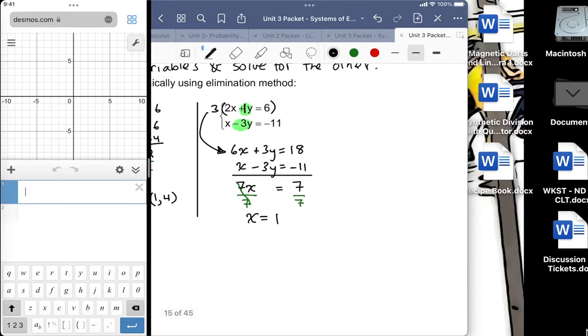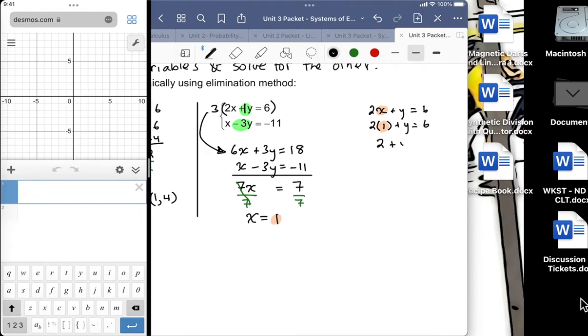Then I would choose one of the two original equations, whichever one you prefer. It doesn't matter. I'll take 2x plus y equals 6. I'm going to replace the x with a 1 and solve.